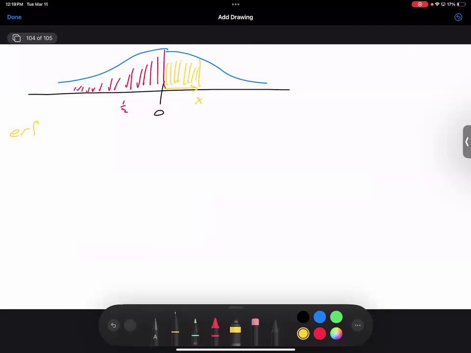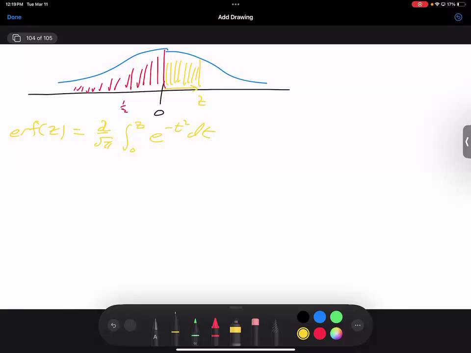So the error function of, and I think they were using z, so I'll replace x with z. I'll switch to the eraser. So the error function of z, I think, was defined as 2 over square root of pi, integral from 0 to z of e to the minus t squared dt.